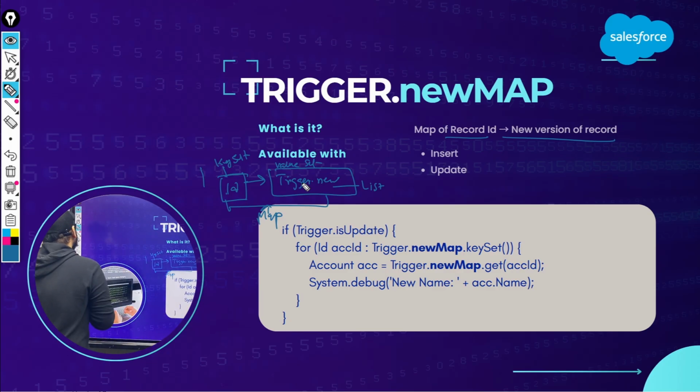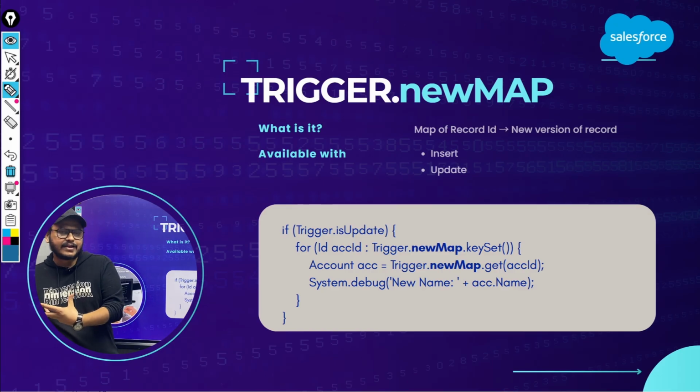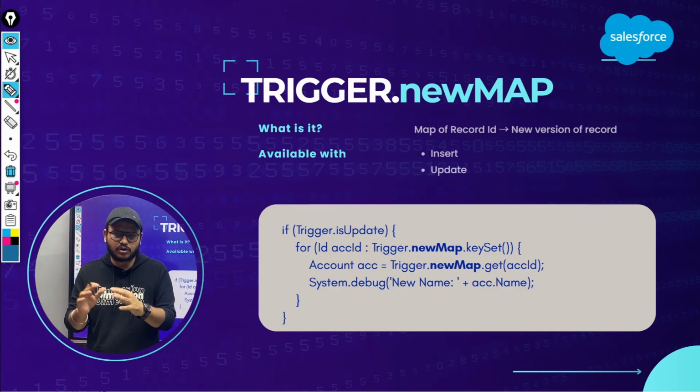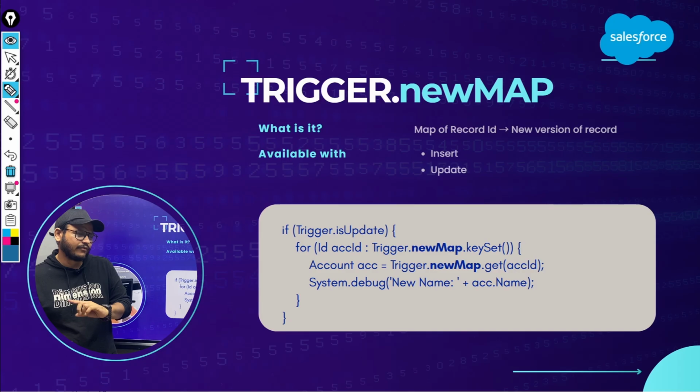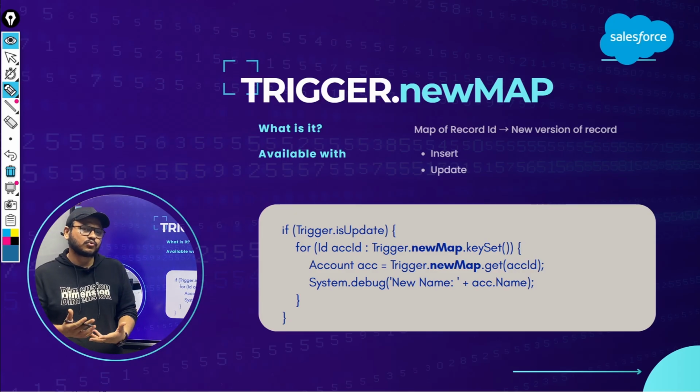All right. Now, why do we need this? Trigger.new is useful when you're simply trying to work with all records in a trigger. If you have to execute the same thing for all the records in a trigger, then Trigger.new is of course helpful.